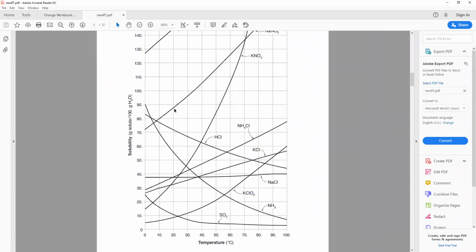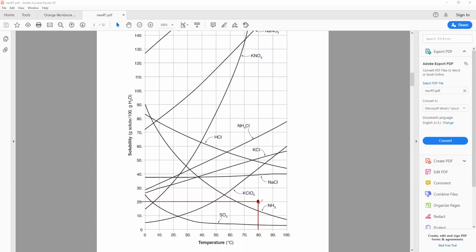Okay, so the first choice is KClO3, 80 degrees Celsius, and 20 grams. So we have this point.